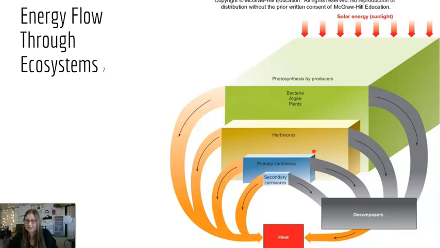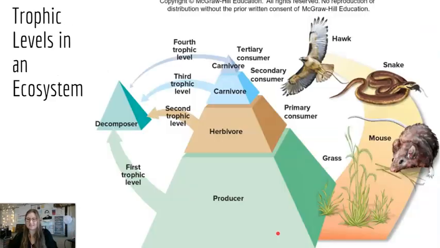Only 10% makes it to herbivores. That means if there's 100 whatever of plants, there's only 10 herbivores. And for those 10 herbivores, there's only going to be 10% of that for primary carnivores, which would be 1. And then secondary carnivores, 0.1. Only 10% makes it to that next level. Most is lost as heat.